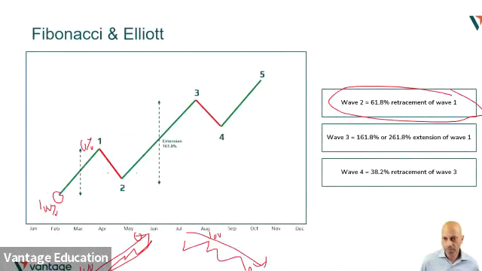Now, when wave three begins, typically wave three is a 161.8% or 261.8% extension of wave one. So what you're looking at is the extension from point 1 to point 2.